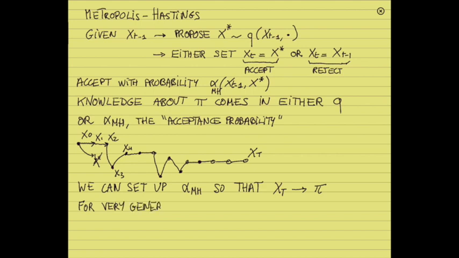And ideally, for very generic choices of proposals, because contrary to importance sampling, we don't want to assume that the proposal is very knowledgeable, very well chosen. We really want to see if we can compensate for the naivety in the proposal by accepting and rejecting with the right ratio.